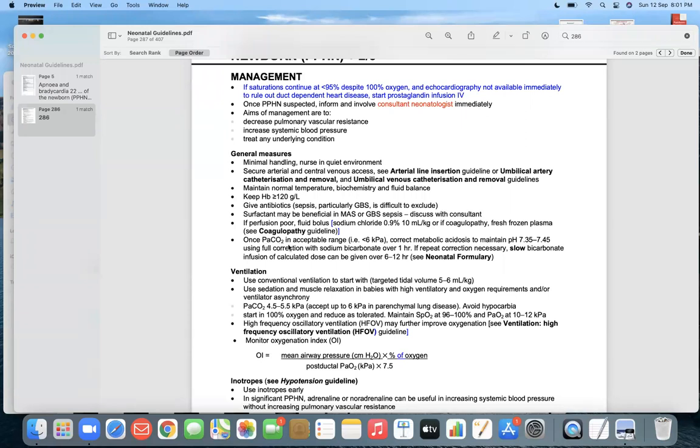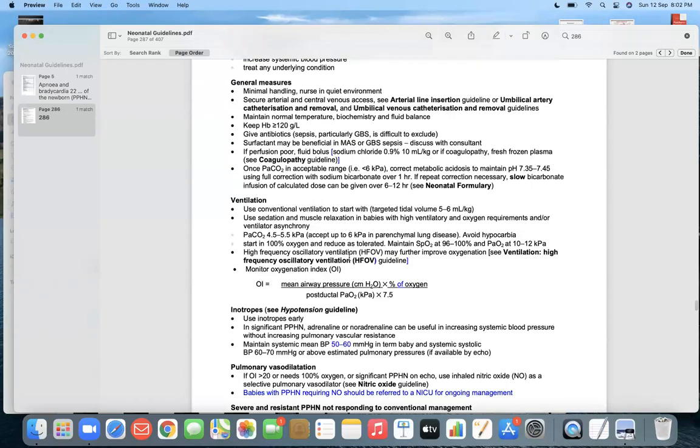Once PaCO2 is in an acceptable range, less than 6 kilopascals, correct metabolic acidosis to maintain pH in the normal range. Use full correction with sodium bicarbonate over 1 hour. If repeat correction is necessary, use slow bicarbonate infusion at a calculated dosage over 6 to 12 hours.